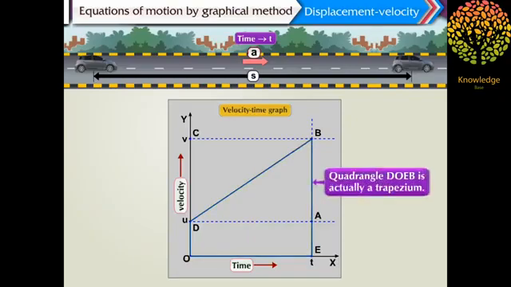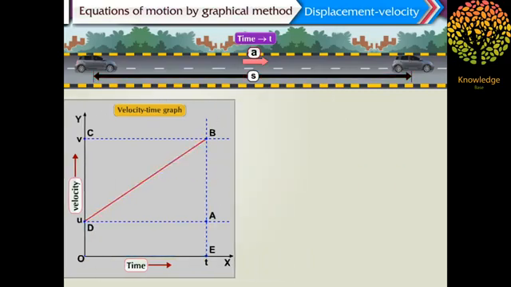But quadrangle DOEB is actually a trapezium. So we can find the distance covered by the object with the help of the formula used to determine the area of the trapezium. Thus, distance s is equal to the area of trapezium DOEB.